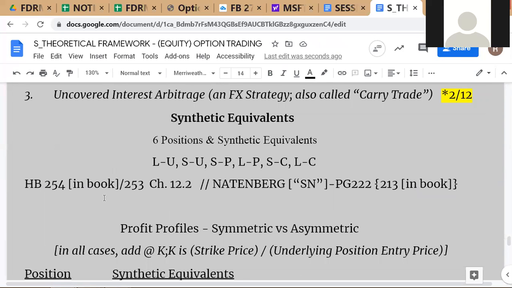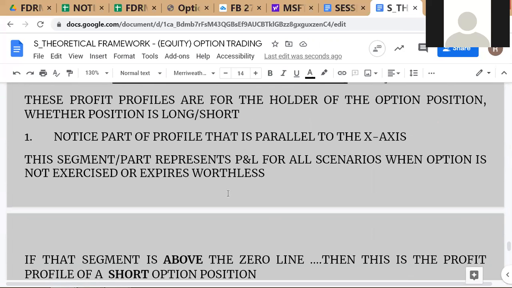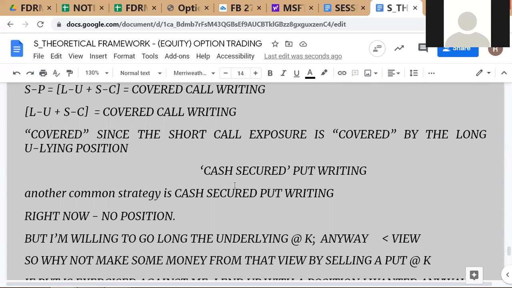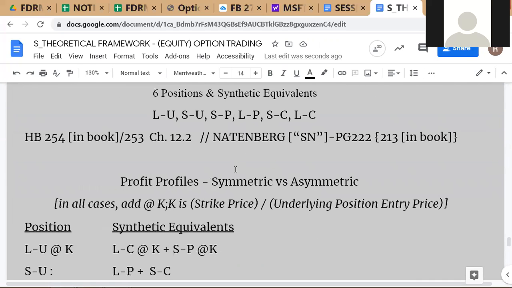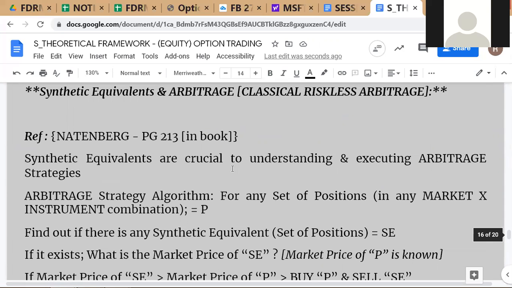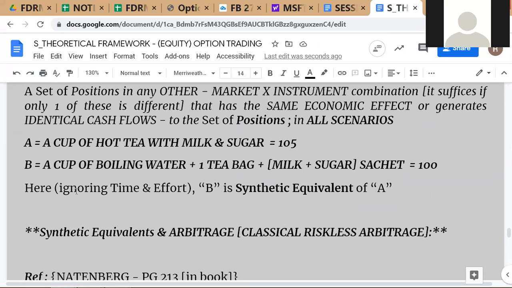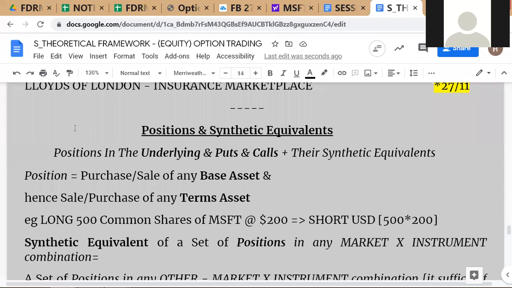And so you've seen this synthetic equivalence here. Look at the synthetic equivalent. Synthetic equivalence and classical riskless arbitrage, this is the part that we have done. Now, you already know what the synthetic equivalent is, right? We have defined it here.